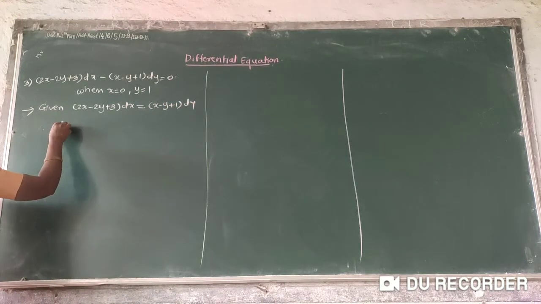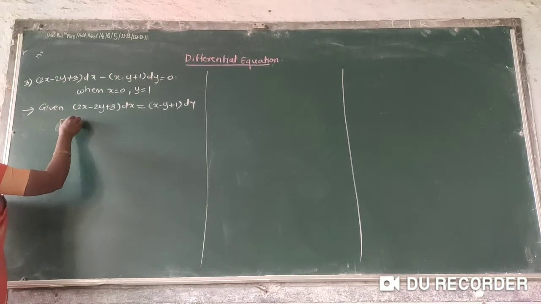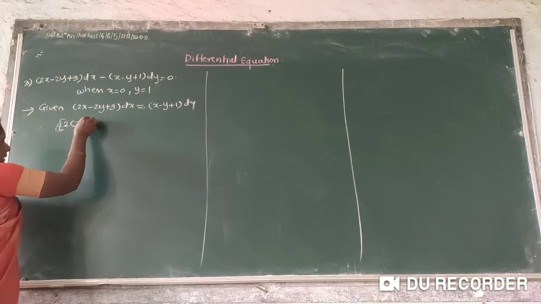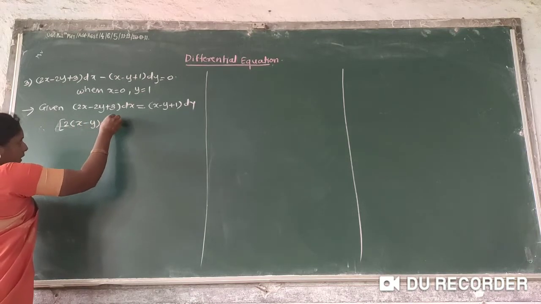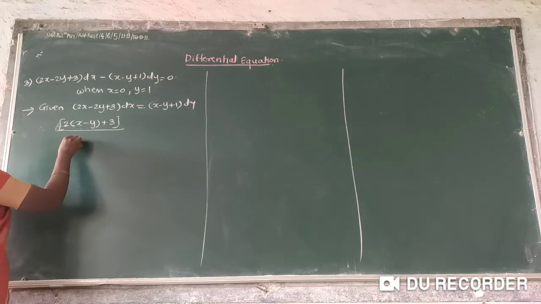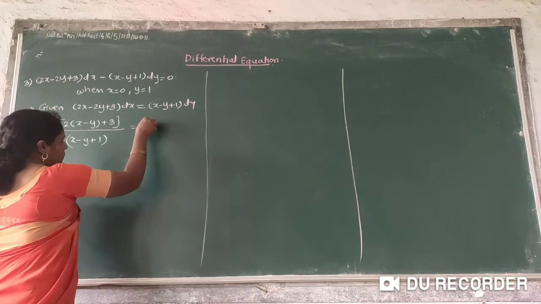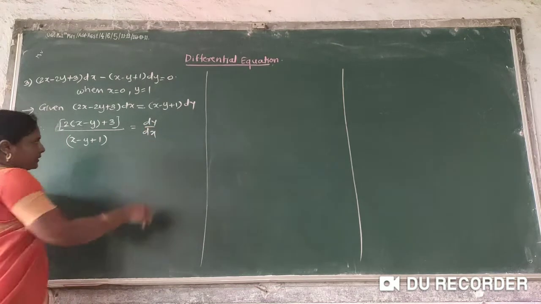Therefore, taking 2 common, we get 2 into (x minus y plus 3) upon (x minus y plus 1) is equal to dy by dx.